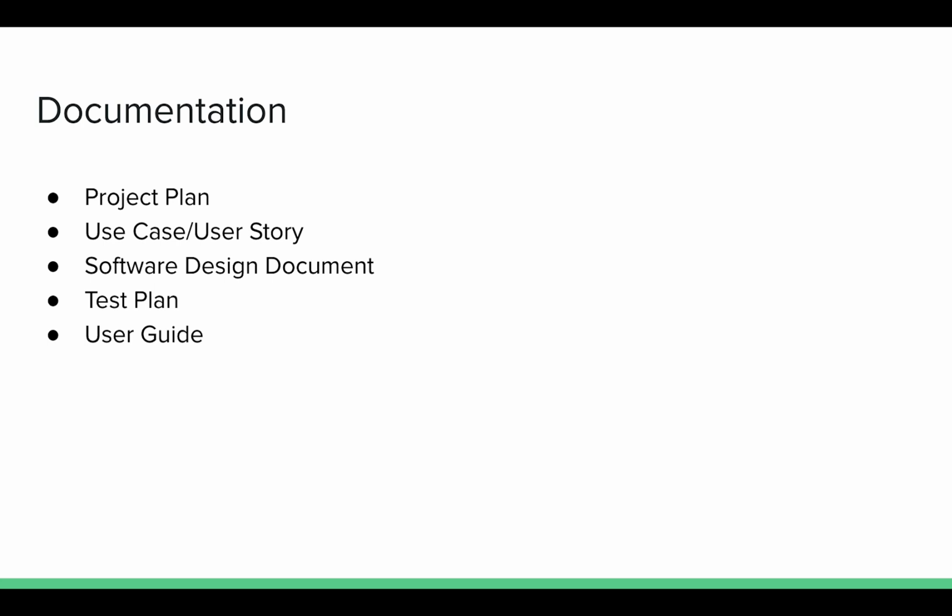Use case and user story: we will also produce documents like a user story doc or use case diagram, so we can specifically understand if the module or the component we're working on actually solves the underlying problem we're trying to accomplish. On top of that, we will have a software design document.